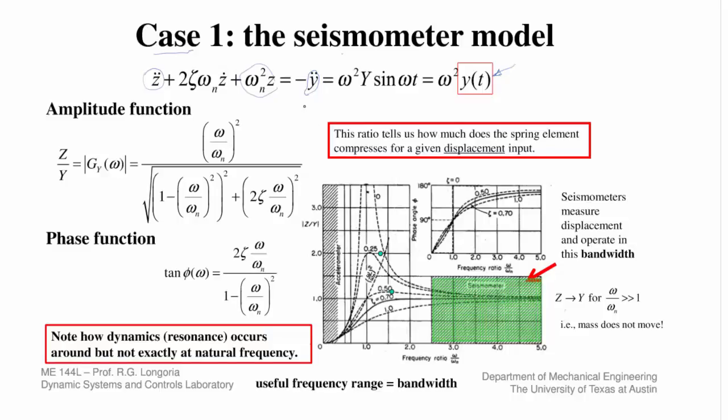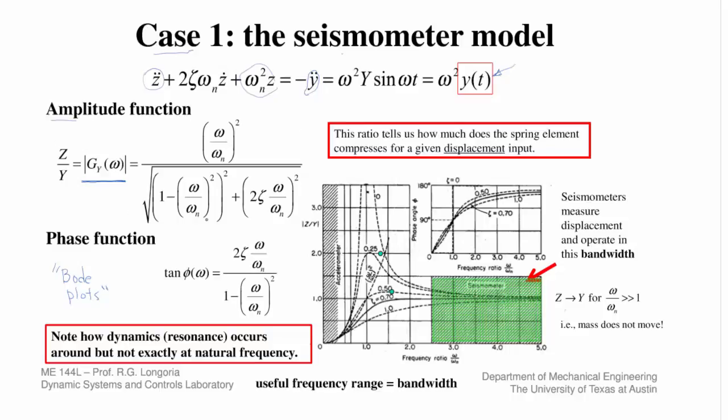Now, if I take my amplitude function, which I've shown on a previous slide, and I divide by y, I'm going to define this function here, this amplitude function. In 344, your lecture, you might refer to these kinds of relationships, sometimes in a systems class you might call those Bode plots, but Bode plots are just amplitude and phase functions, right?